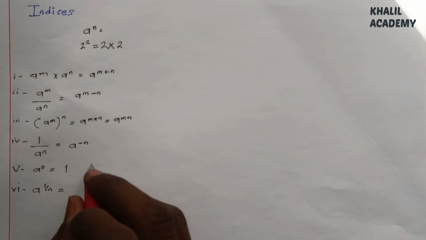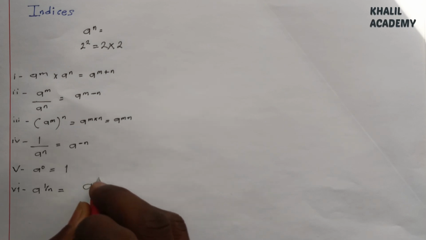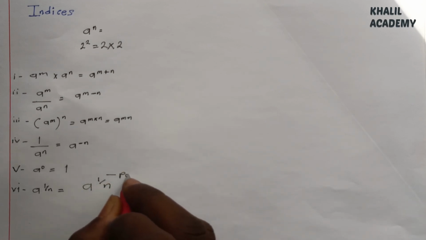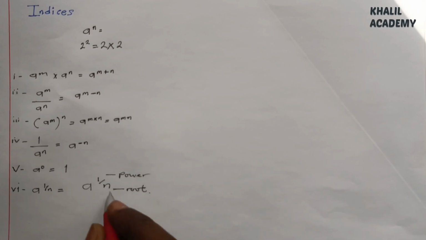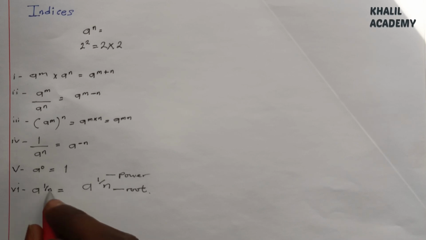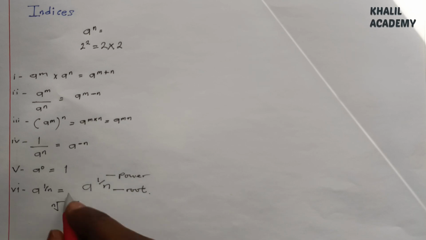So a^(1/n) is the nth root of a raised to the power of 1. Anything raised to the power of 1 is the same number. If it had been a different integer, it would carry the power here.